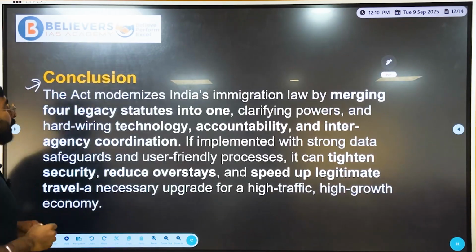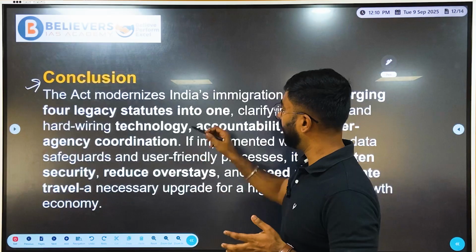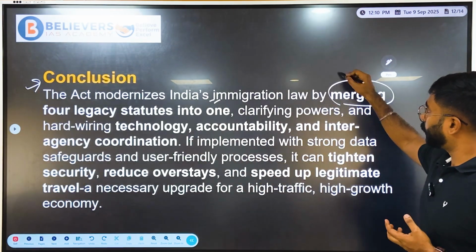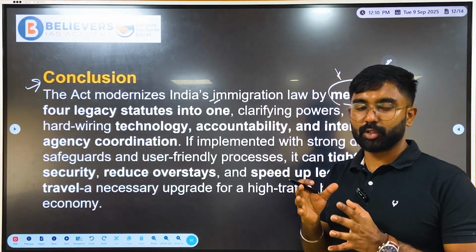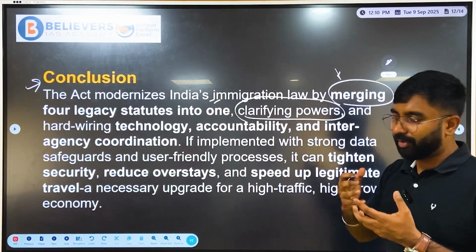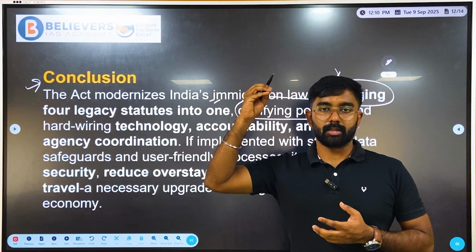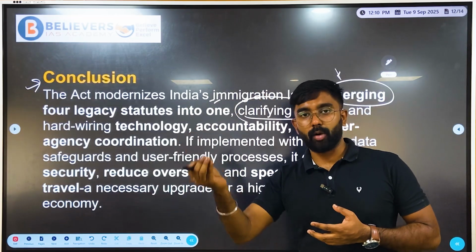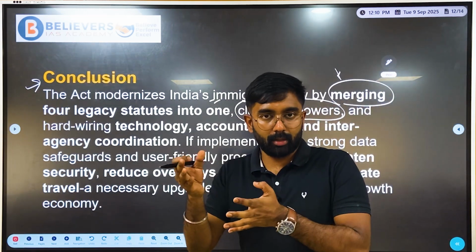In the end, the act, as we have all studied, tries to modernize how India treats its immigration, and it has also merged four huge statutes, which were scattered, and now it has clarified each and every power of certain authorities, starting from the civil authority, giving more powers to the central government, and even extending the powers of the local police constable.